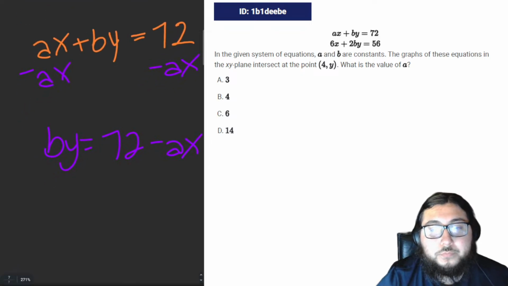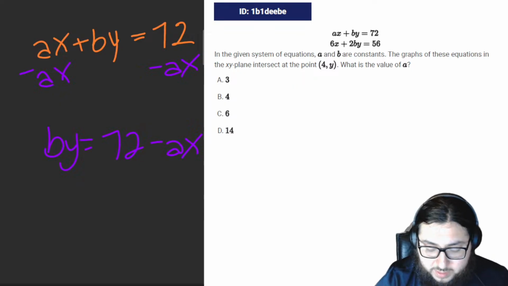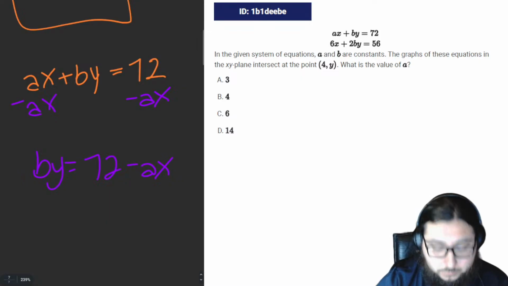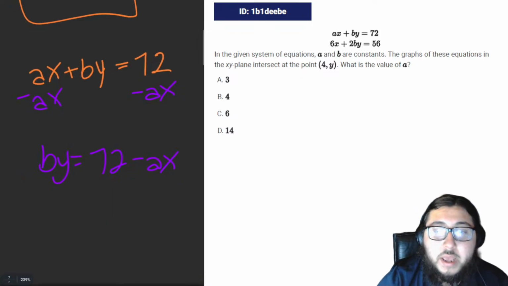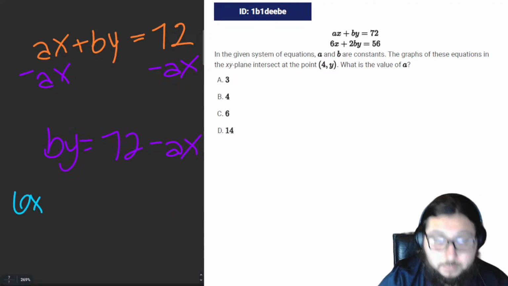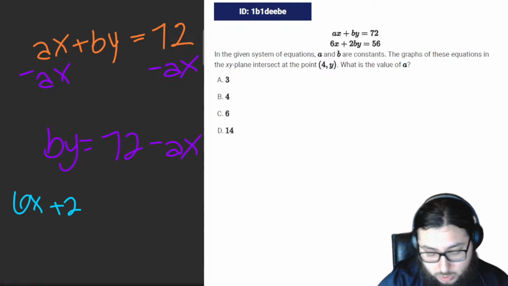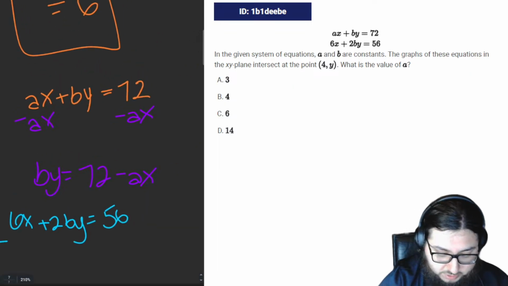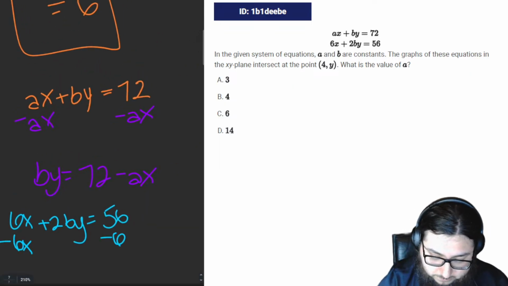Then we're going to solve for by in the bottom equation. So 6x plus 2by is equal to 56. Subtracting 6x from both sides.